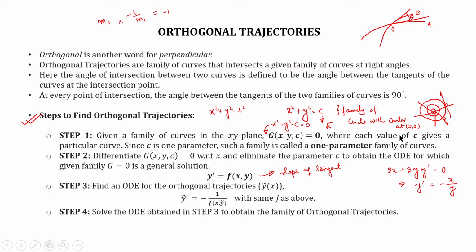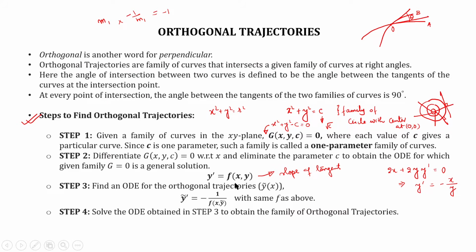Then its orthogonal trajectory should have a slope of tangent that is the inverse of this with a negative sign. For example, as we saw here, the first straight line has slope m1 and the second straight line should have slope 1 by m1 with a negative symbol attached to it.